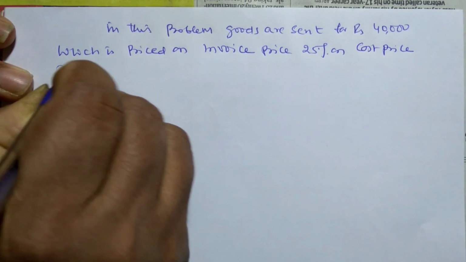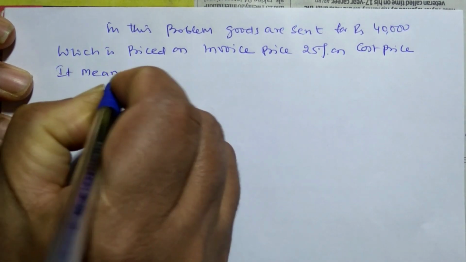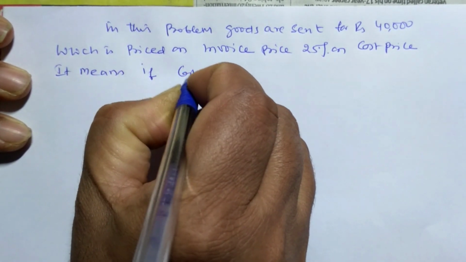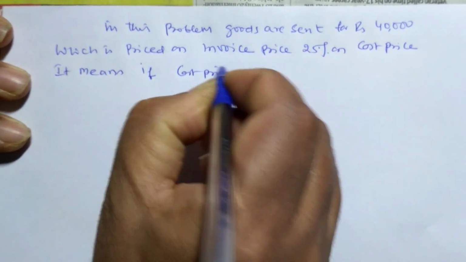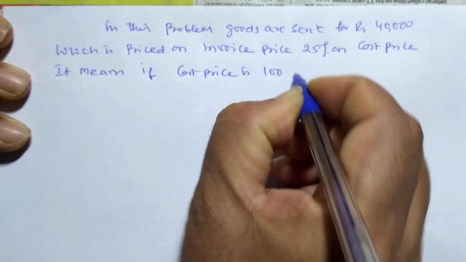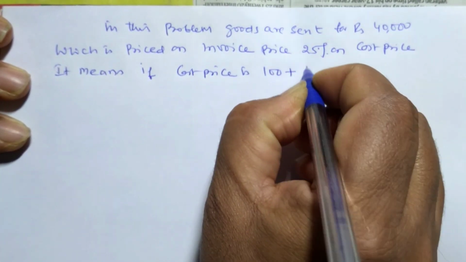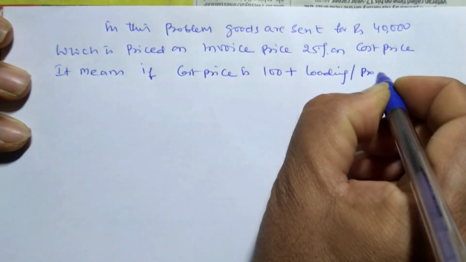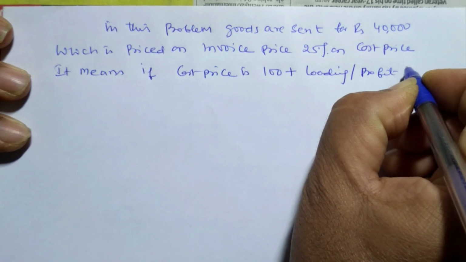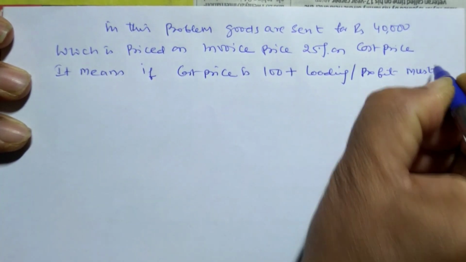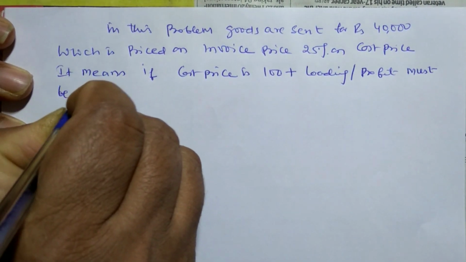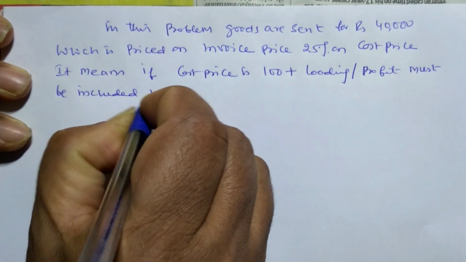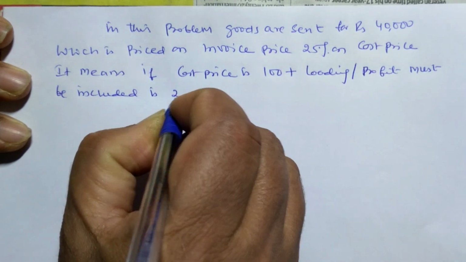It means if cost price is 100, loading or profit to be included is 25%.